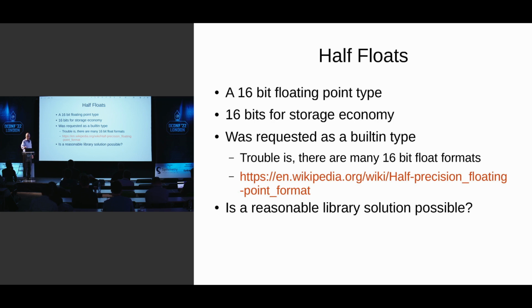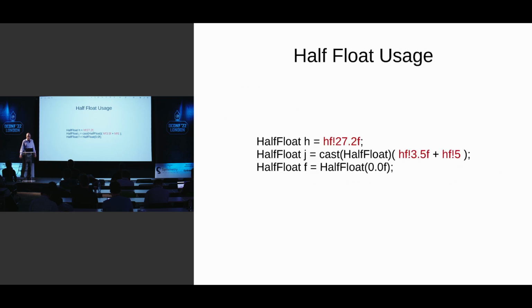So let's see if we can do something with what we now know about combining D features and do something better. What we'd like to do is recycle that octal discovery and create a half float literal, which looks like this, HF, bang, and then we give a floating point constant to represent the half float literal.